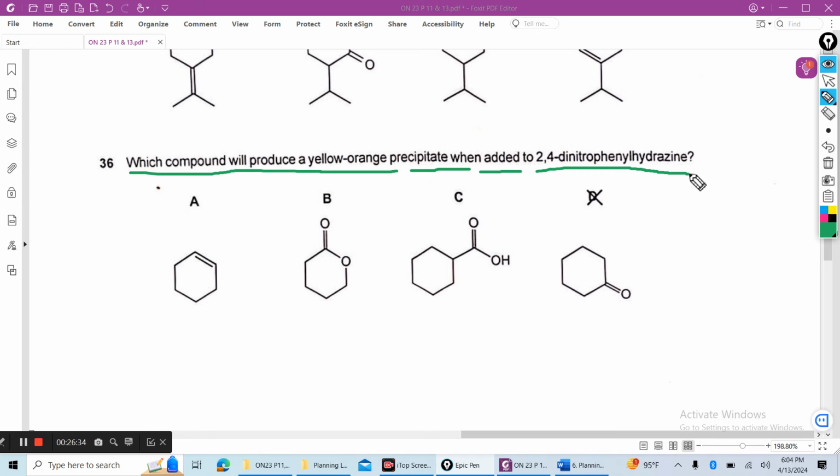And you know, ketone compound, methyl ketone. So A is alkene, wrong. B is ester, C is carboxylic acid. This is the ketone, carbon oxygen double bond. So D is the right answer.